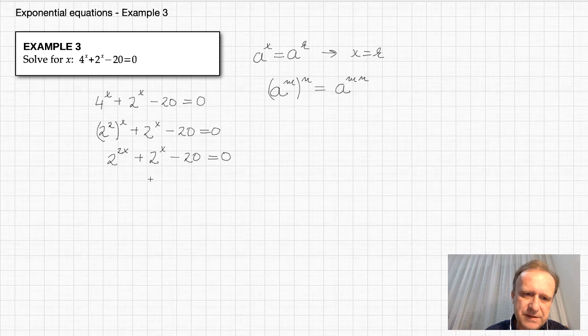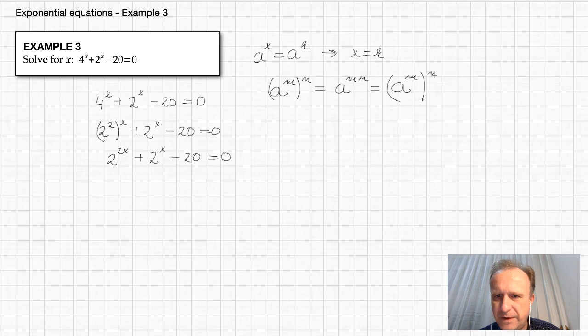Well, still this situation seems difficult because, of course we have the same base, but the exponents here are quite different. The first one is 2x and the second one is x. But there is one possibility here that we can use, and that possibility has to do with this power law that you already know, which can be written as a to the power of m all raised to the power of n.